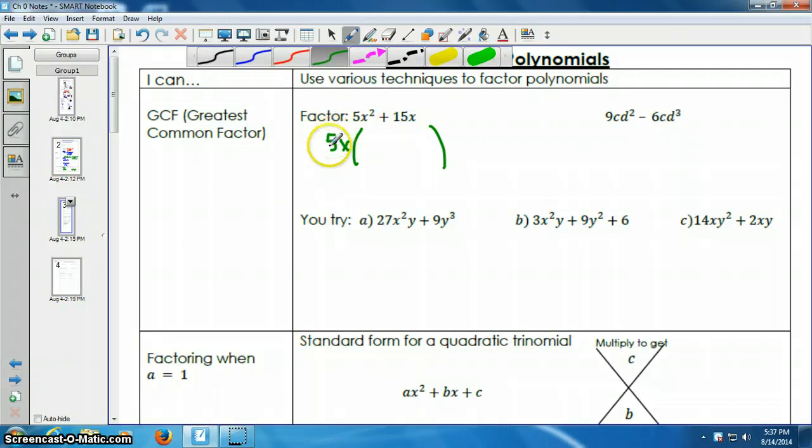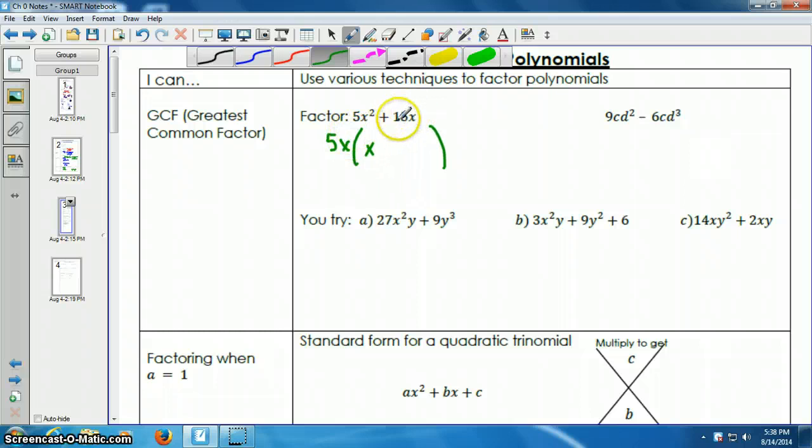So when I take 5 and divide it by 5, there's no number left, kind of like pulling it out. And then x squared, take out an x, I just have an x left. And we can go ahead and check our answer if we were to kind of FOIL this. If I were to take 5x times x, do I get 5x squared? Yeah, so I know I did it right.